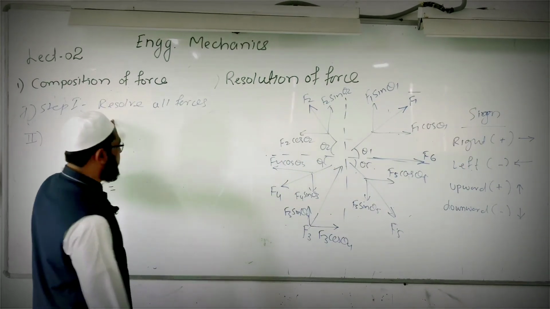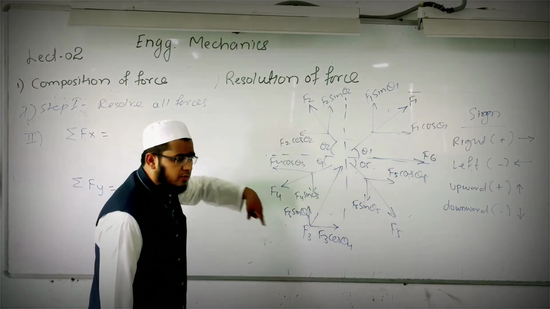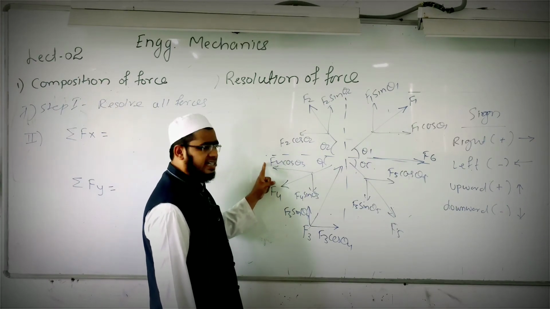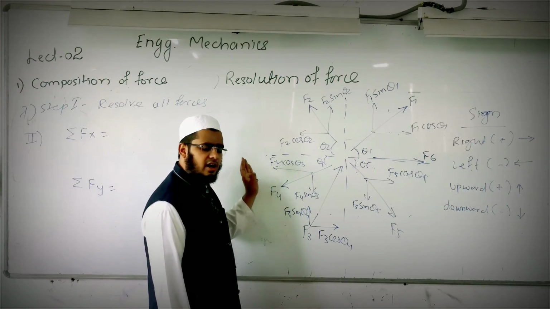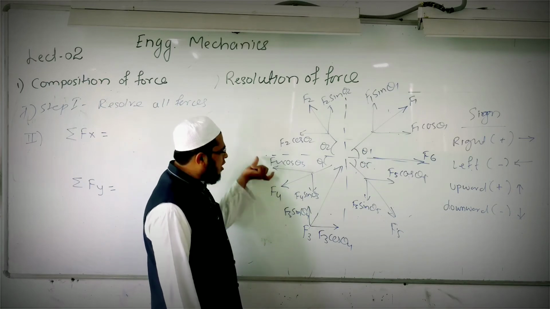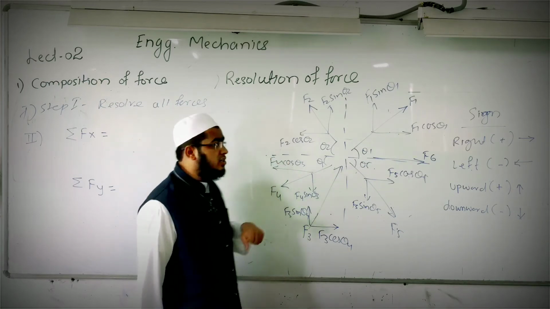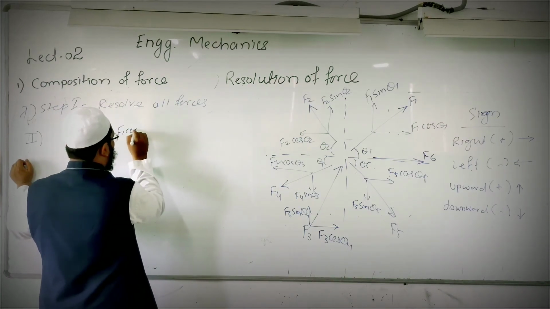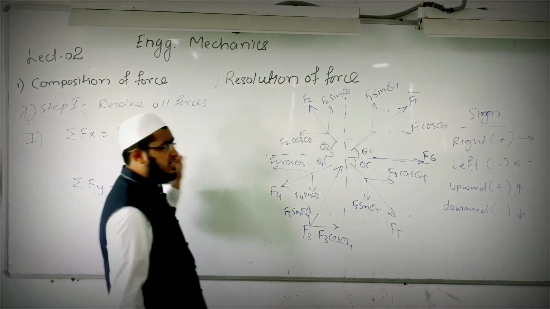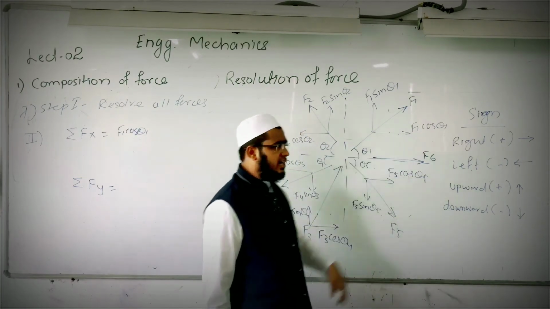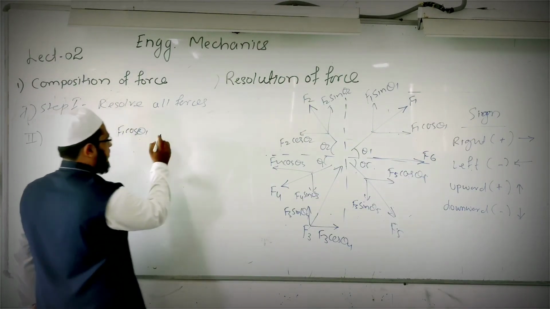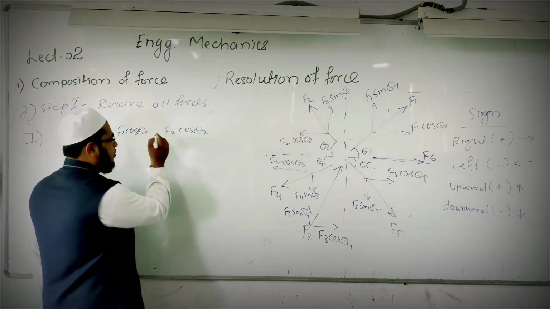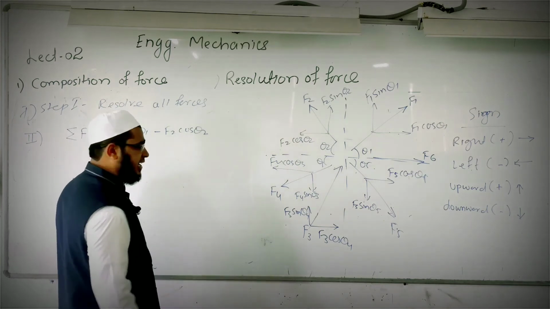Now in the algebraic sum we will add all the components of the forces. The very important thing is that while taking the algebraic sum of horizontal or vertical forces, we have to consider only the components. Here we will consider F1 cos theta 1. We will see its direction. Its direction is rightward, therefore it will be considered positive. Then F2 cos theta 2, it is leftward, it will be considered negative.